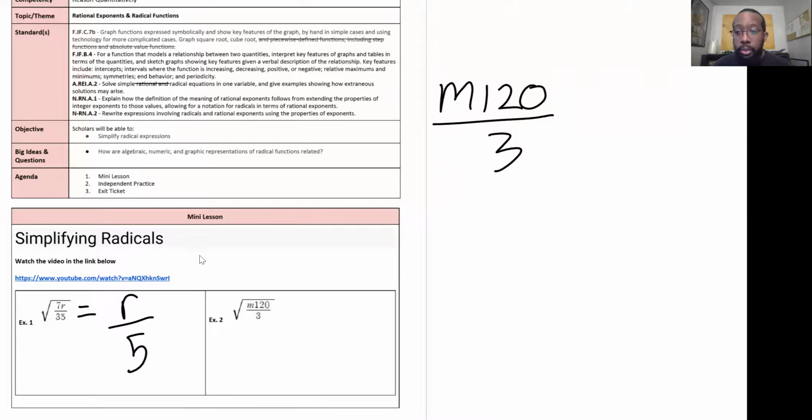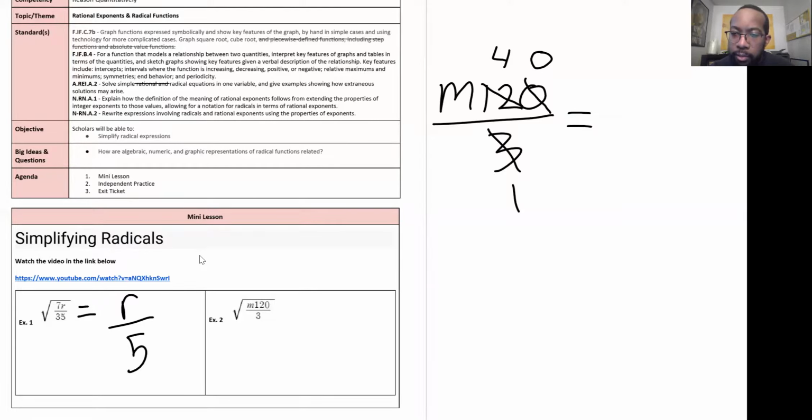That number is 3. 3 goes into itself once, and 3 goes into 120. Let's see how many times. Here's a little trick. 3 goes into 12, we know 4 times, and 3 cannot go into nothing. In other words, 3 goes into 0 times. So here we're left with 40. So 3 goes into 120 40 times.